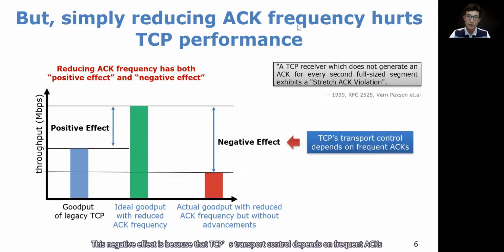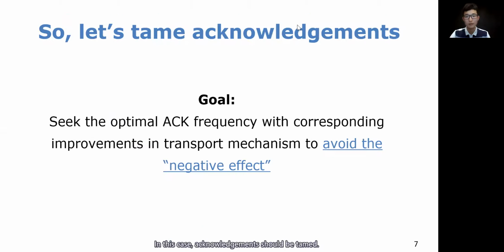This negative effect is because TCP's transport control depends on frequent ACKs, and the packet clocking algorithms are impacted when ACK frequency is excessively reduced. In this case, acknowledgments should be tamed. This paper aims to seek the optimal ACK frequency with corresponding improvements in transport mechanism to avoid the negative effect.